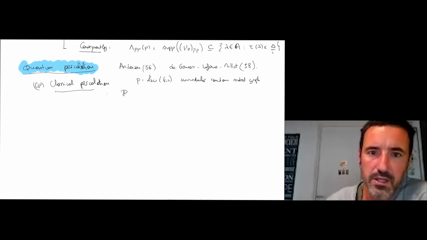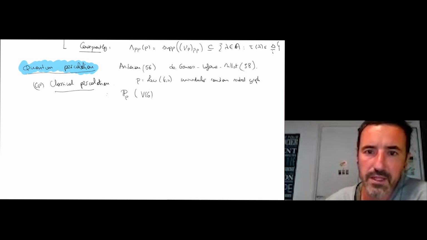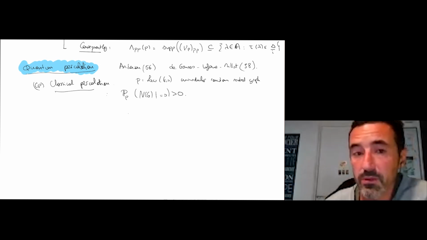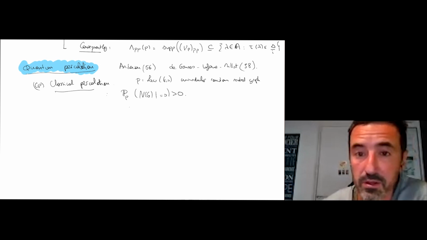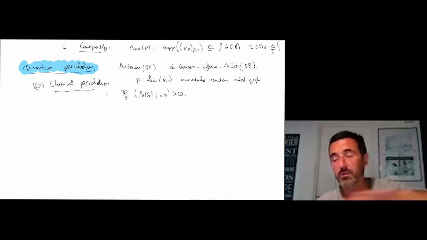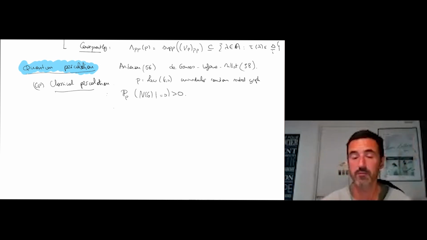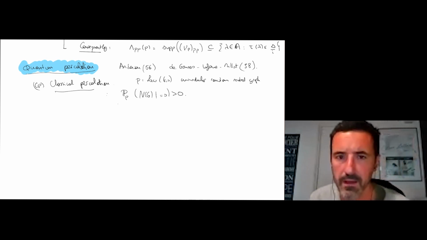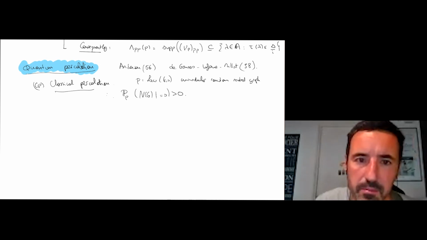You will have percolation if the probability that the number of vertices of the graph is infinite is positive. So classical percolation is simply the problem that the connected component of the root is infinite with positive probability. So this is the classical percolation problem.